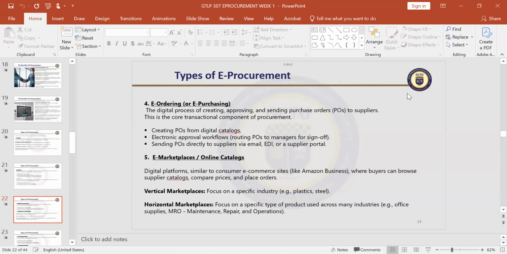Yes, please. But if they want to buy metal beds or surgical tools, that is where they will go to a vertical market, right? Because the vertical market sells to a particular industry. So they will be selling their surgical tools or the beds or whatever only to hospitals.